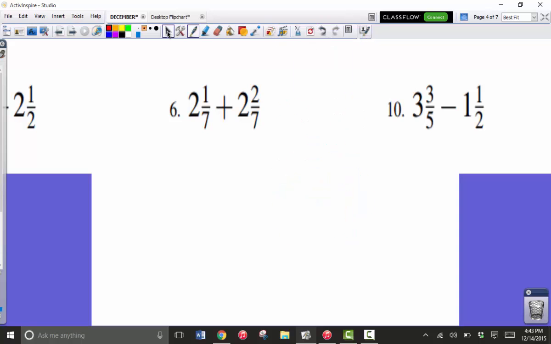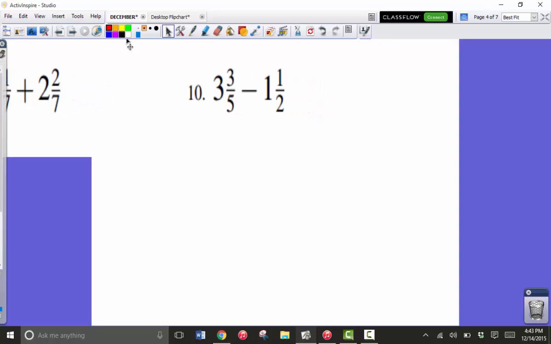Okay, now we're getting to the harder part. Look at number 10. Number 10, bottom numbers are not alike. So I'm going to take these 2 mixed numbers and change them into improper fractions first. Step 1, especially when you have denominators that are not alike: multiply the whole number and the denominator. 3 times 5, that's 15.